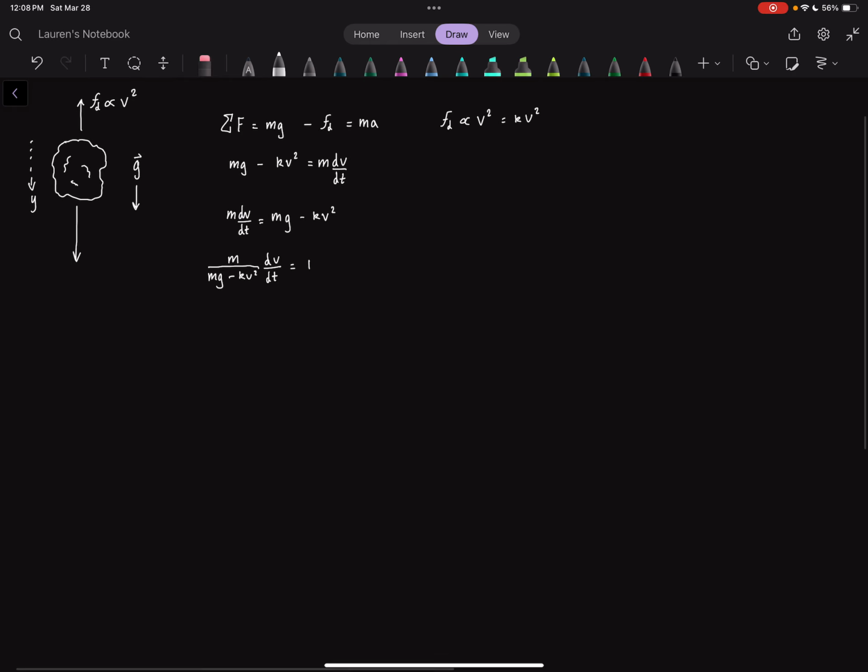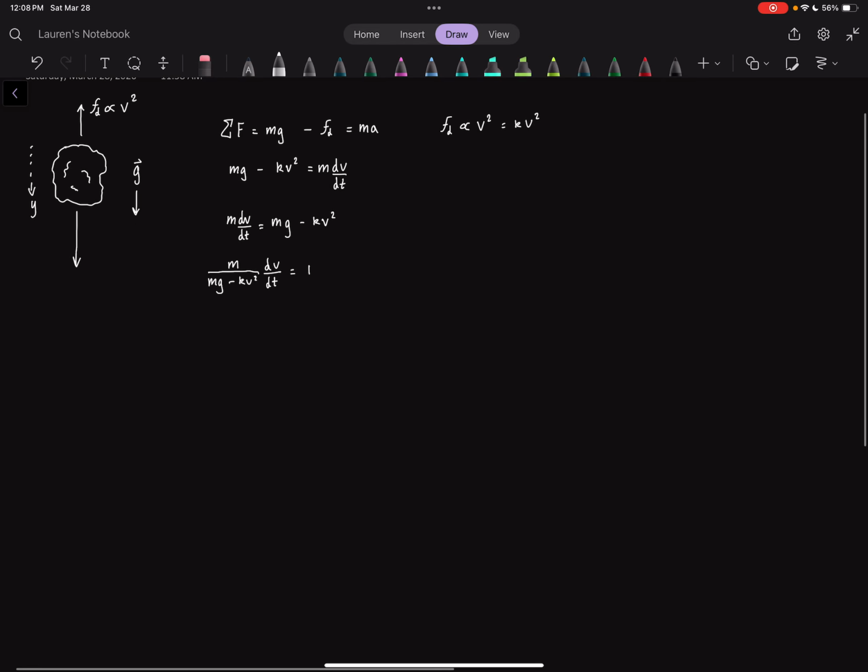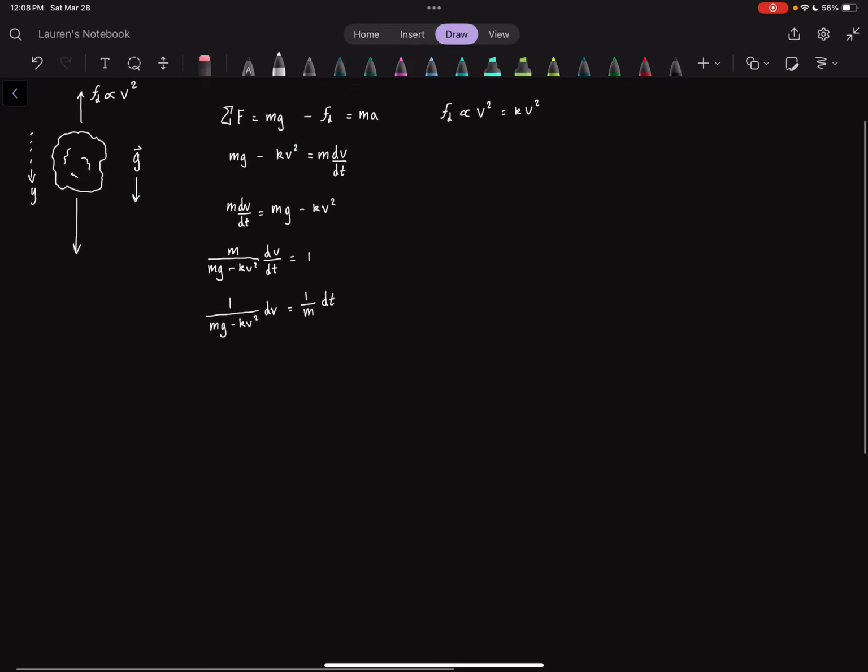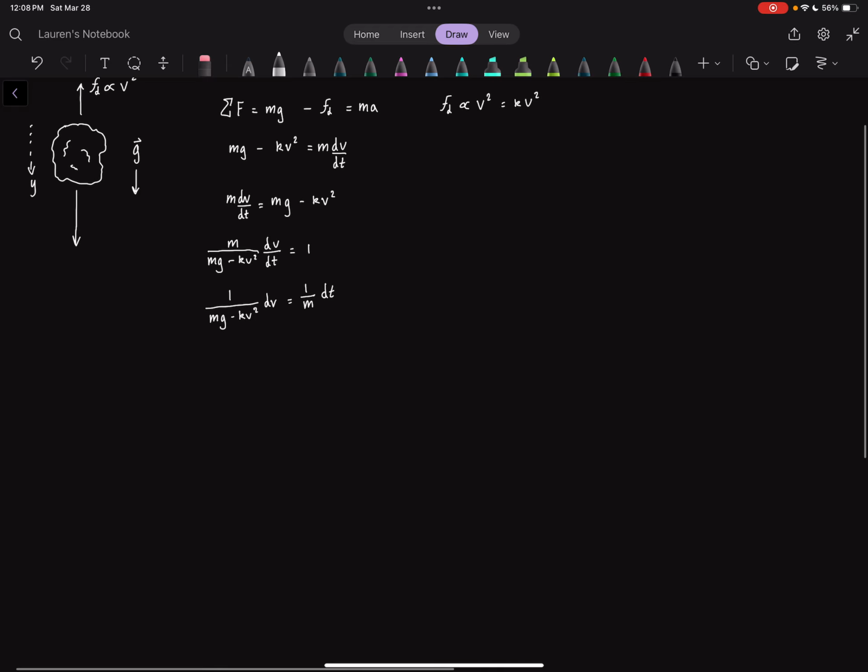And what we can do is move dt over to the other side, and move the m in the numerator over to the other side. So we have 1 over mg minus kv squared dv is equal to 1 over m dt. And finally, we can pull out a negative k in the denominator here.